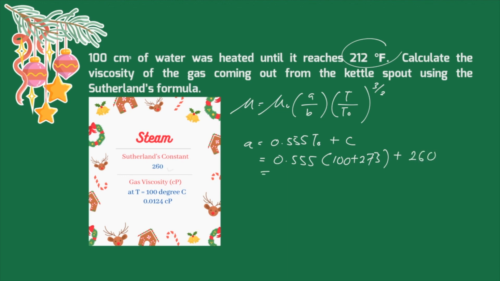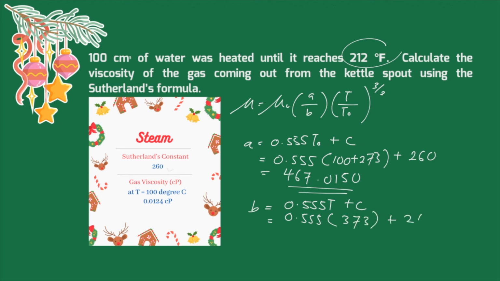So what you can get is 467.0150. Right, we are going to do the same thing for B, and the formula is actually the same, only that we change from T naught to T, the actual temperature, and the values are the same. So 0.555 times 373 plus 260, and you shall get the same exact answer.